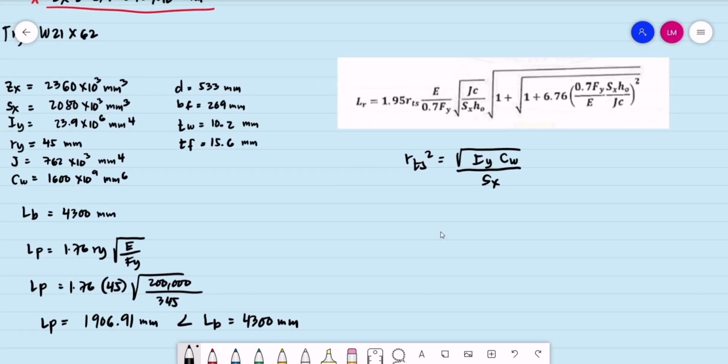So from the properties of W21 by 62, what is the value of our I sub y? 23.9 times 10 raised to 6. The warping constant is 1,600 times 10 raised to 9, divided by the elastic section modulus, 2080.